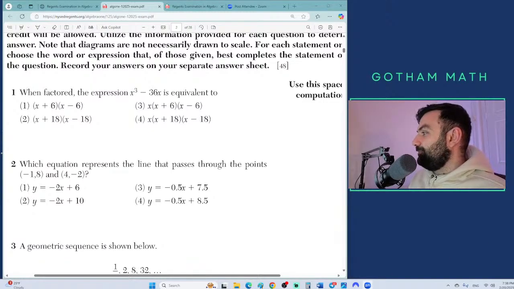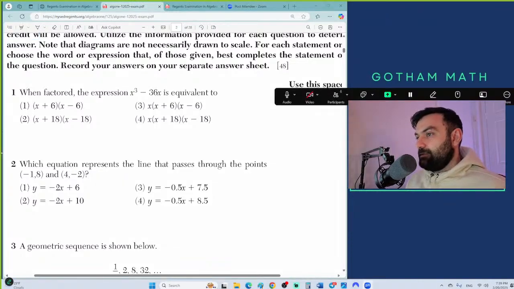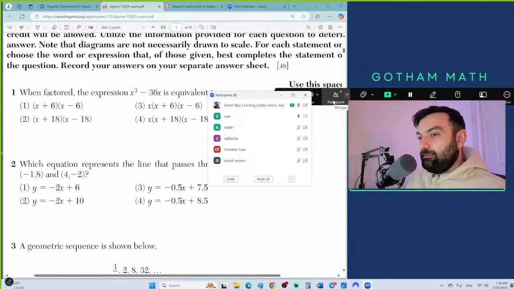All right, everyone, we're on. We're on and we are starting. I'm going to do a screen share. So now my screen is shared.